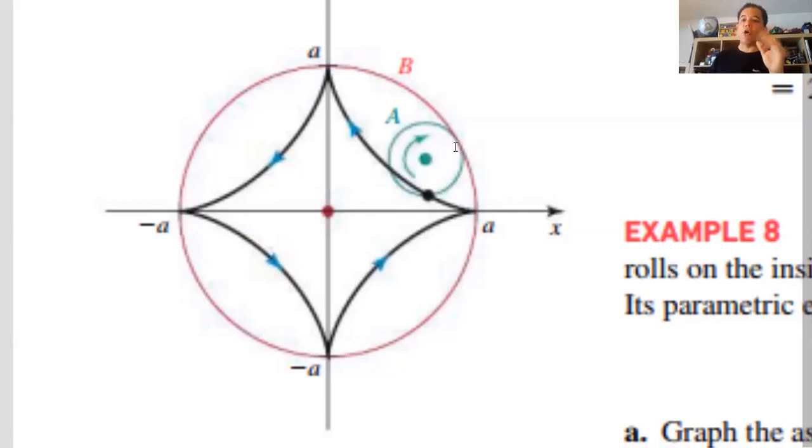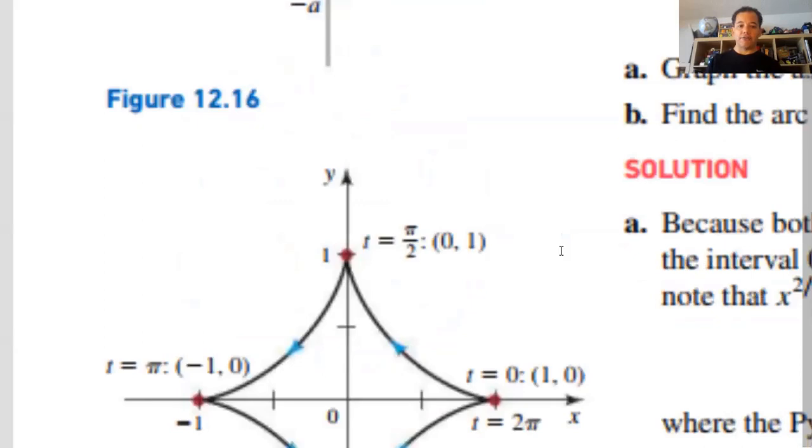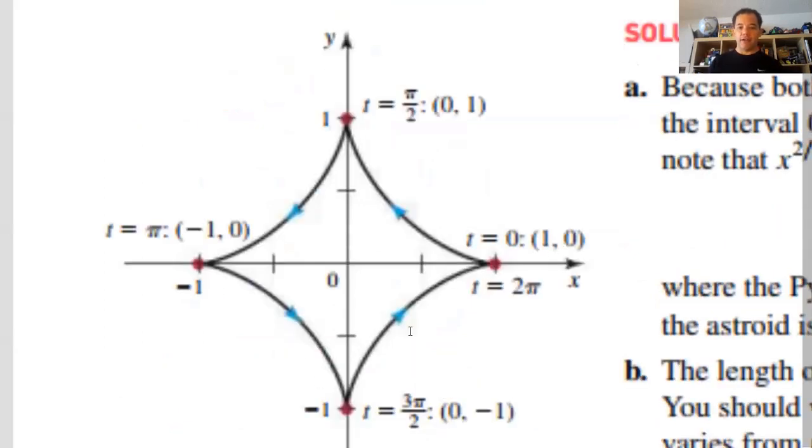A spirograph, I think it was called. Well, this is an example of one of those curves. If you have a little circle rotating inside a bigger one, and you see what happens with one of the points, it describes this curve. It's called an asteroid. It looks like this. And we want to find out the arc length of it. And we just want to write down the integral that gives the answer, and we'll do it next time.